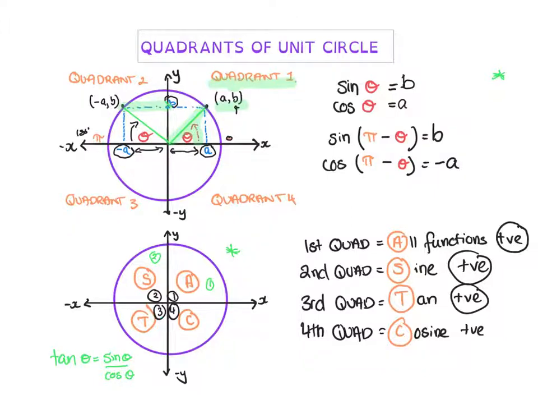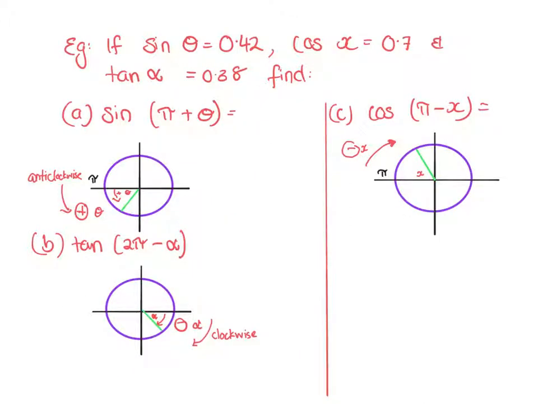So let's have a look at some questions. Up here in the questions, they have told me that if sine of the angle is 0.42, cos x is 0.7 and tan alpha is 0.8, then find sine of pi plus theta.